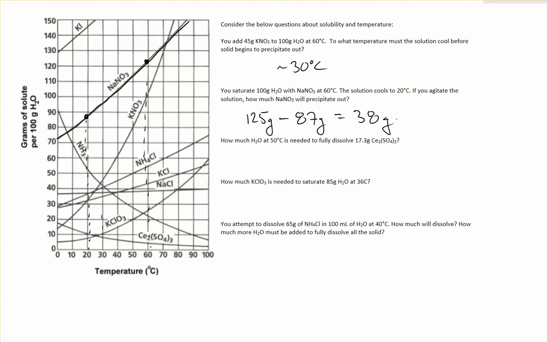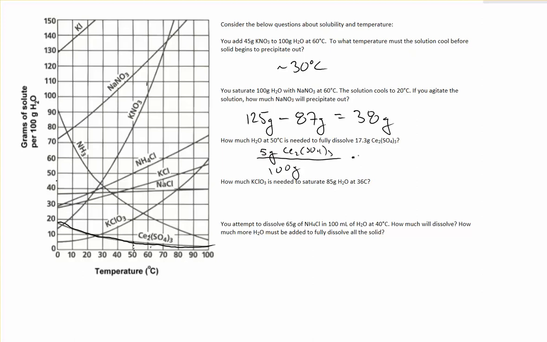Part C reads, how much water at 50 Celsius is needed to fully dissolve 17.3 grams of cerium sulfate? Here we're going to need to read off the chart and then set up a ratio. Here's our curve for cerium sulfate. And at 50 Celsius, it looks like about 5 grams of cerium sulfate will dissolve in 100 grams of water.